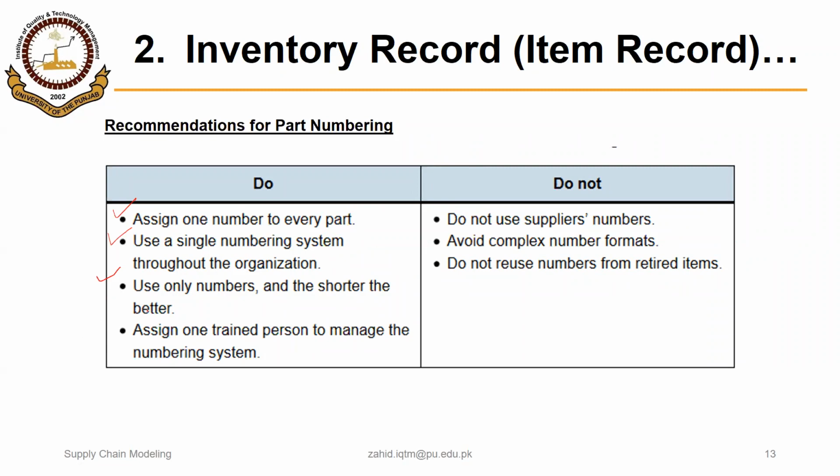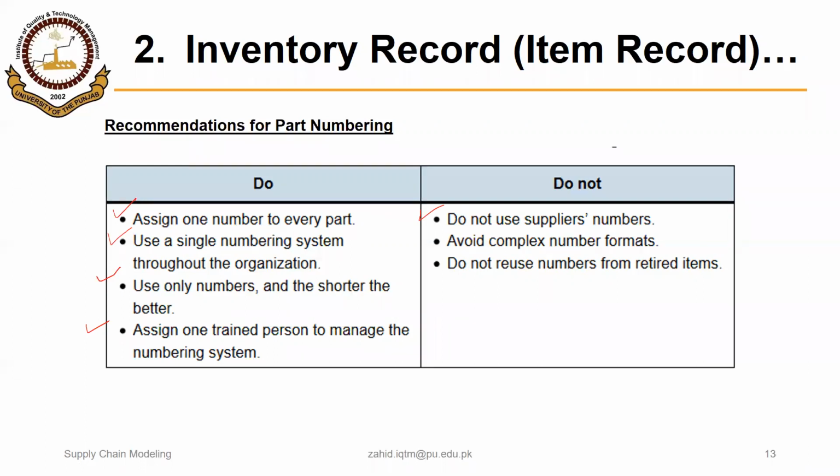Assign one trained person to manage the numbering system, and there are important factors that should be avoided. For example, do not use suppliers' numbers because in your ERP record, you can mix up the suppliers' parts with your parts. So it is important to use a unique numbering system. Avoid complex number formats.